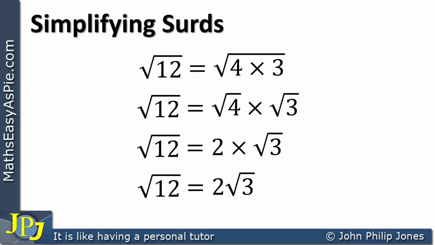And essentially what's happened, if you look at this and compare it to this, we've removed the multiplication sign. Now that's allowed because when you see this, a 2 immediately followed by the root, in this case the root of 3, it implies there is a multiplication between the 2 and the square root of 3. So this is the solution to the exercise.